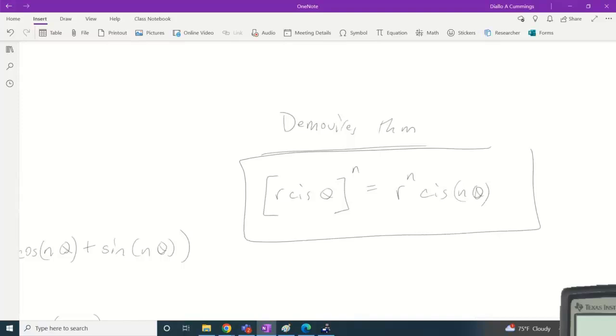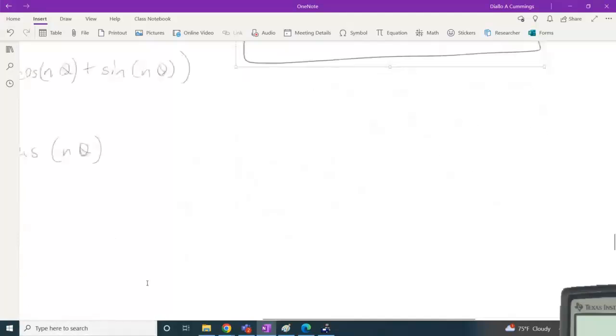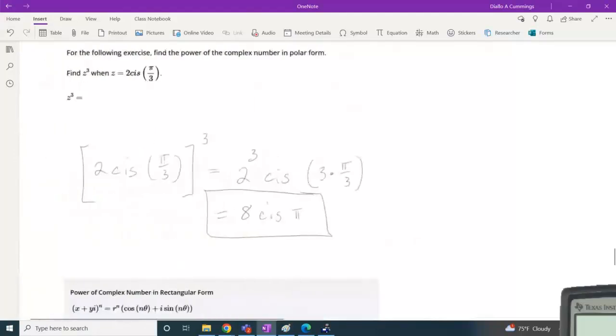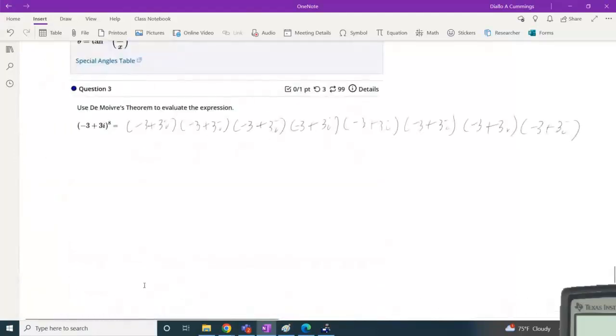So what we just did technically has a name, and that name is de Moivre's theorem. The thing about de Moivre's theorem is that in order to use it, you have to feed it a complex number in trig form. Which means for this problem, you have to convert this complex number to trig form, and then you can raise it to a power.